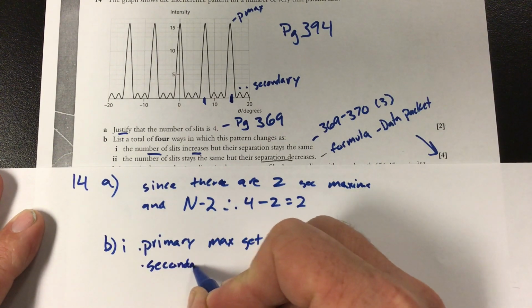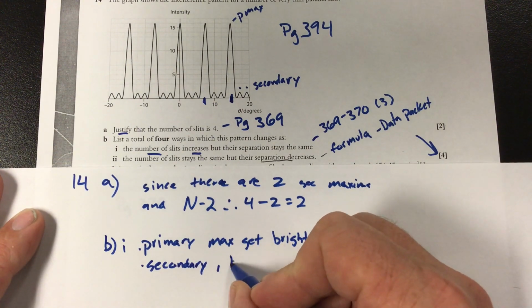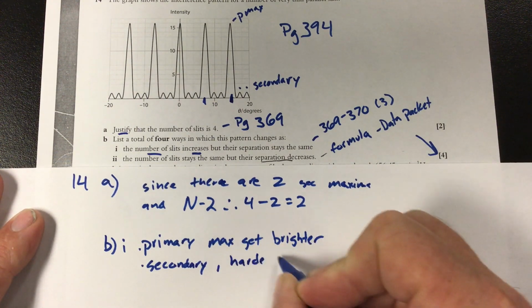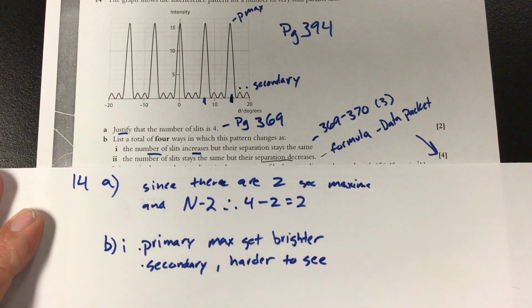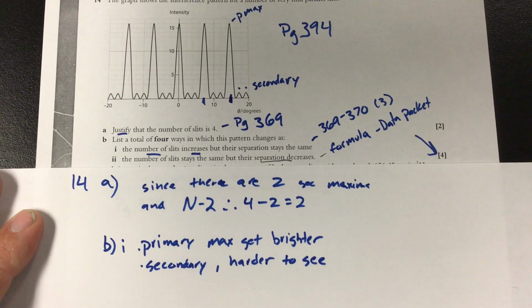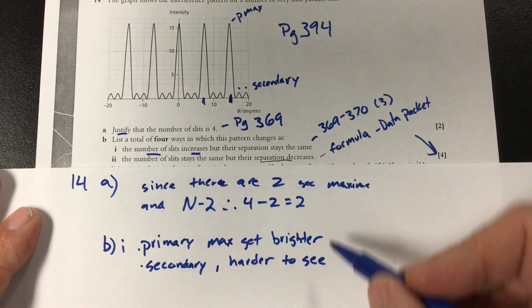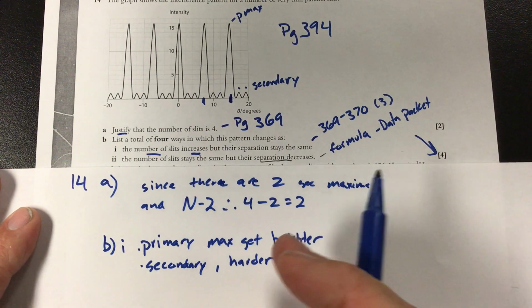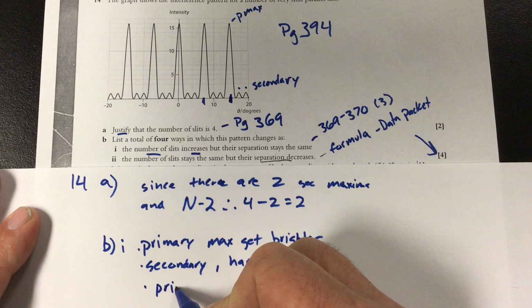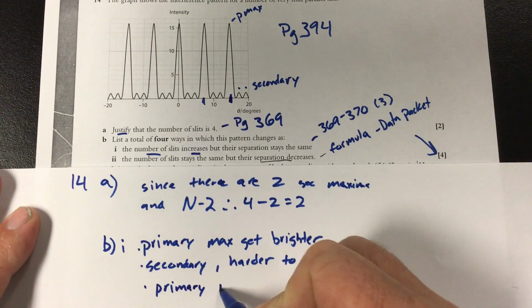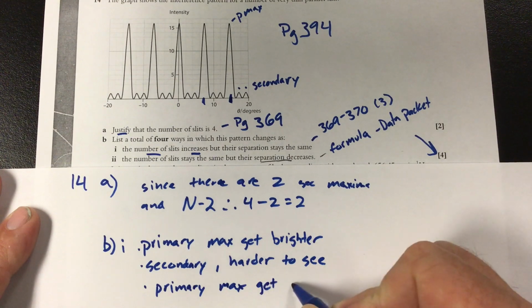They get harder to see, or less pronounced, as the book says. And then the primary maxima, even though they're brighter, they get narrower.